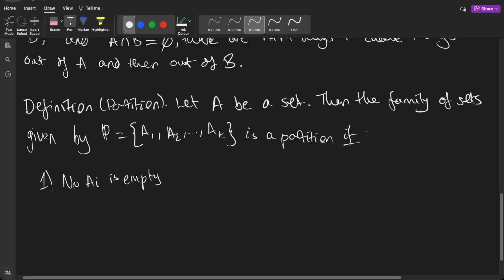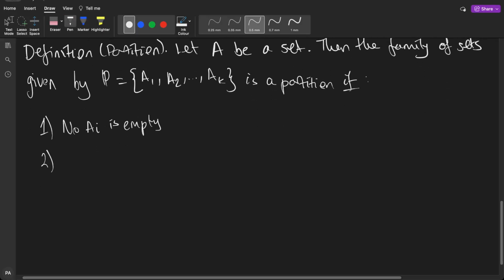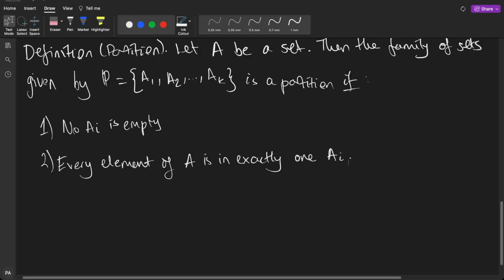No A sub i is empty, so all of the sets have something inside of them. And then every element of A is in exactly one of these A sub i's.